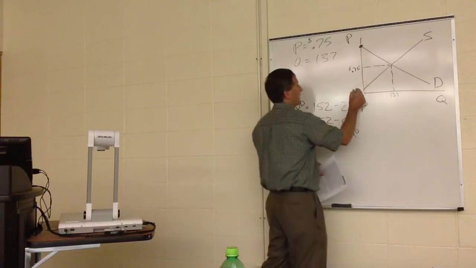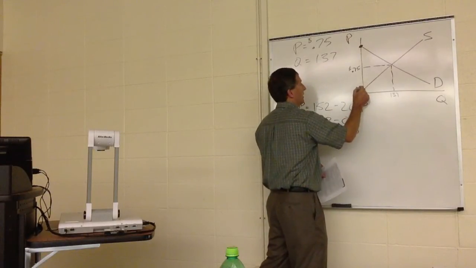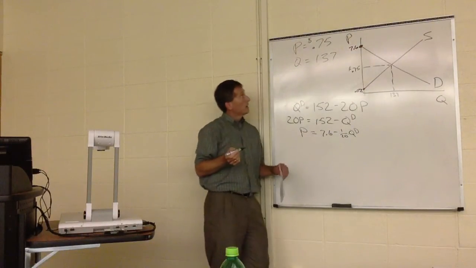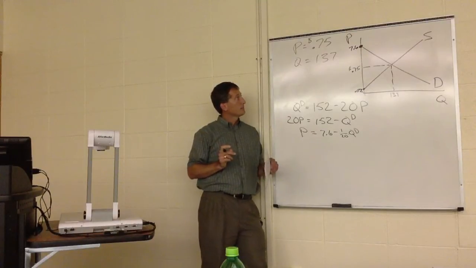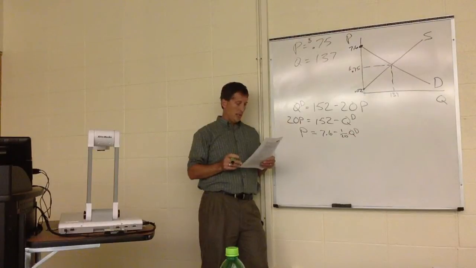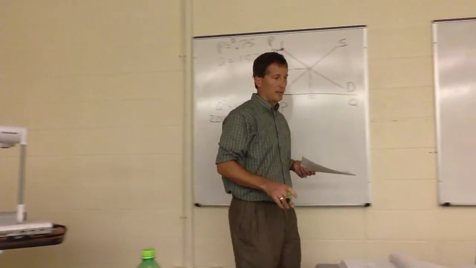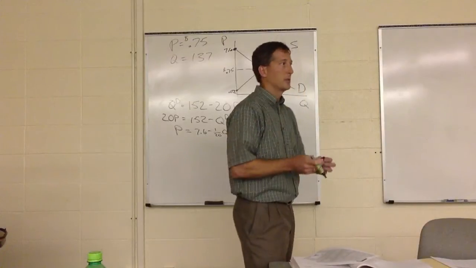So yes, I heard somebody say 0.02 is our choke price for supply. 7.6 is our demand choke price. And that should give you everything you need to calculate consumer surplus and producer surplus.